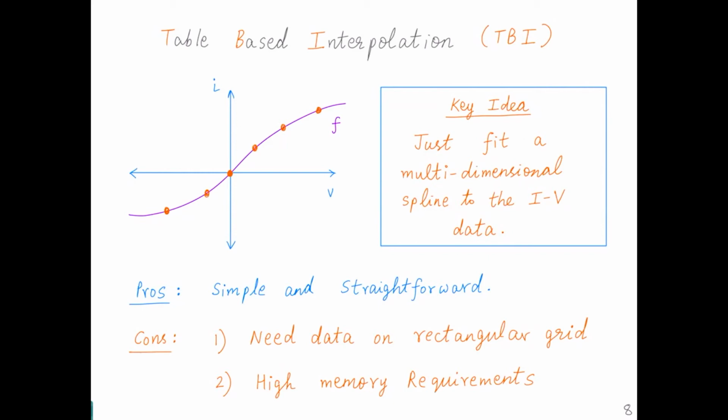These compact models have to be really efficient because modern chips have millions and millions of transistors in them. If you want to do a simulation on a modern chip, the individual model for each transistor has to be really efficient to evaluate. And so table-based interpolation fails that second test.